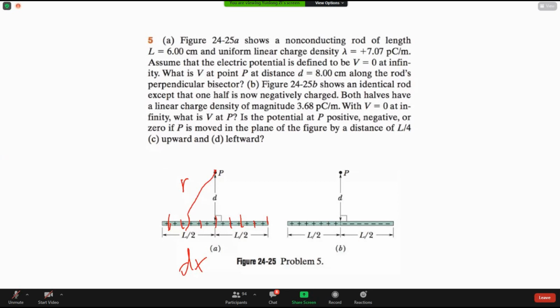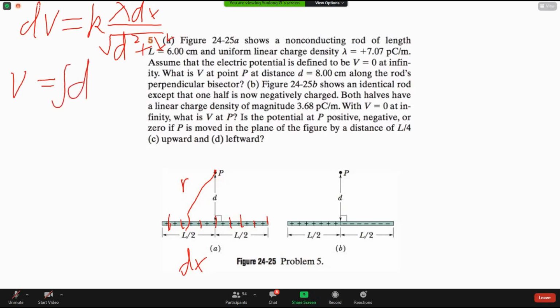Then the potential generated, dV, is just k lambda dx over the square root of d squared plus x squared. Then we have the total V as the integral of dV.